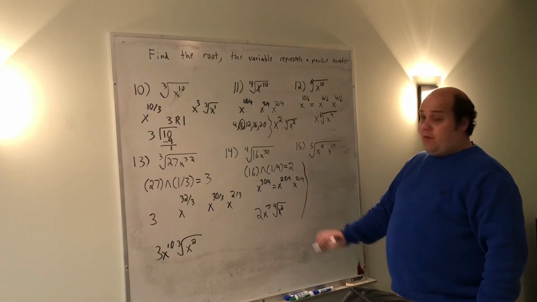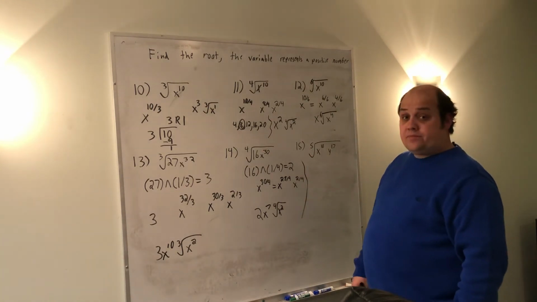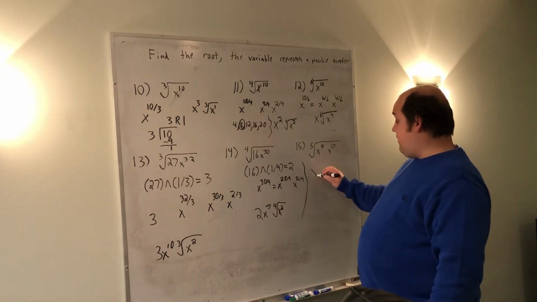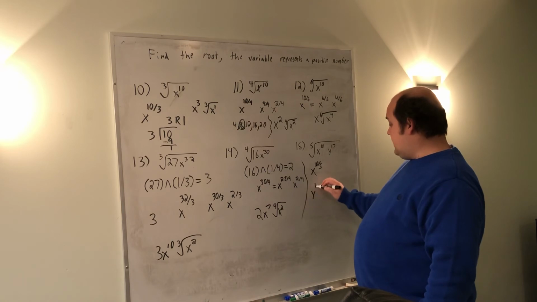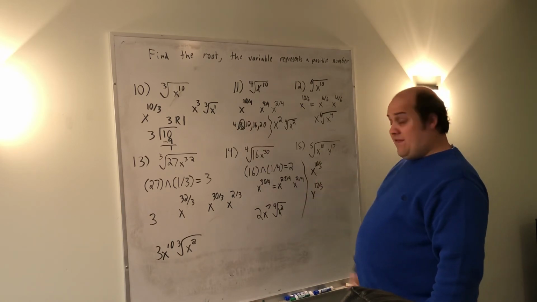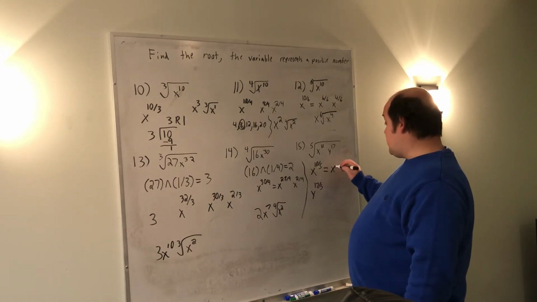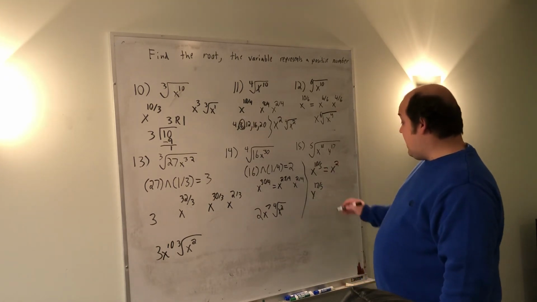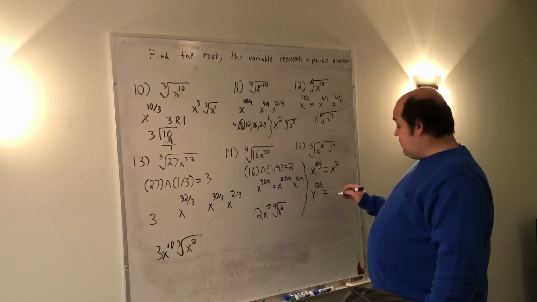Final problem here, number 15. I have 2 variables. I don't have any numbers, so I can jump right to the variables. X to the 10 divided by 5 and y to the 17 divided by 5. Here, 10 divided by 5 divides evenly. I'm not going to have any remainder, so this is just going to become x to the second all on the outside. For this y, the largest multiple of 5 that goes in here is y to the 15th.